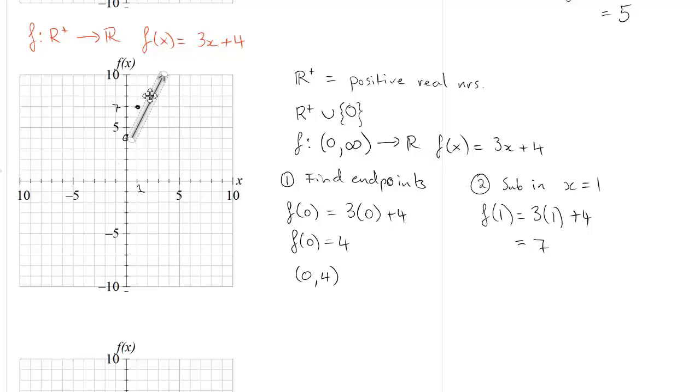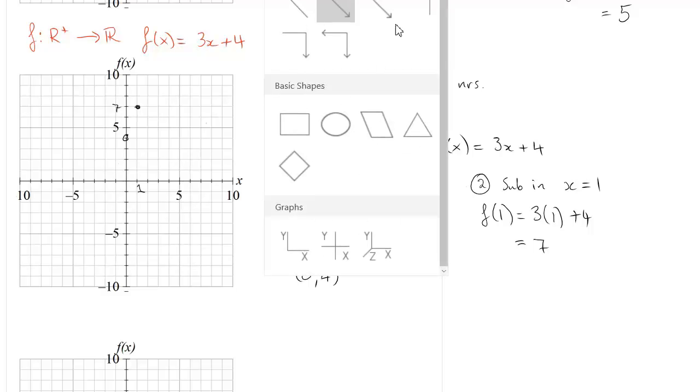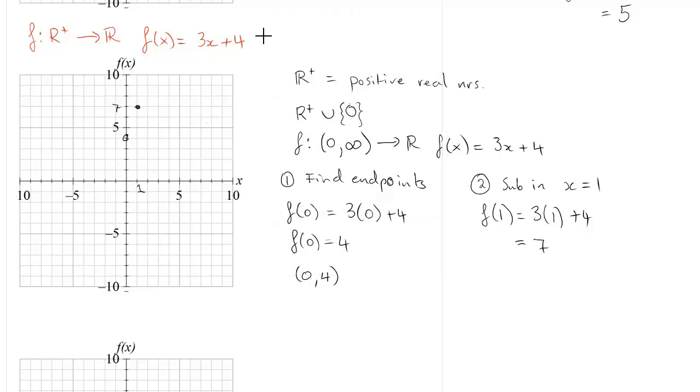All right, I'm going to get rid of that, delete it. I'm going to try again. We're going to start from this point here, and we're going to move through that point there and keep going. So now, because we have 2 points, we've actually defined the gradient.